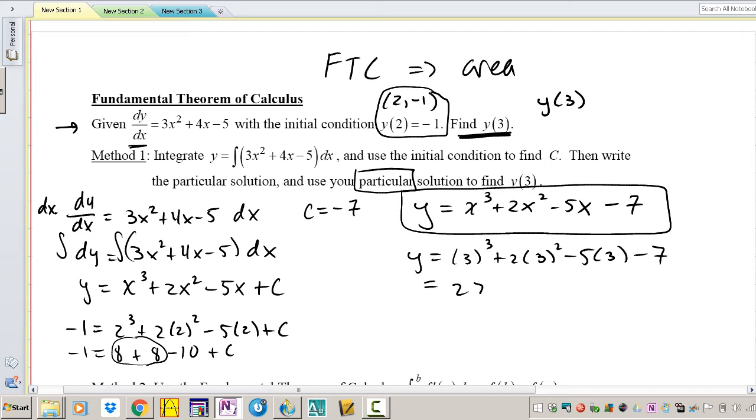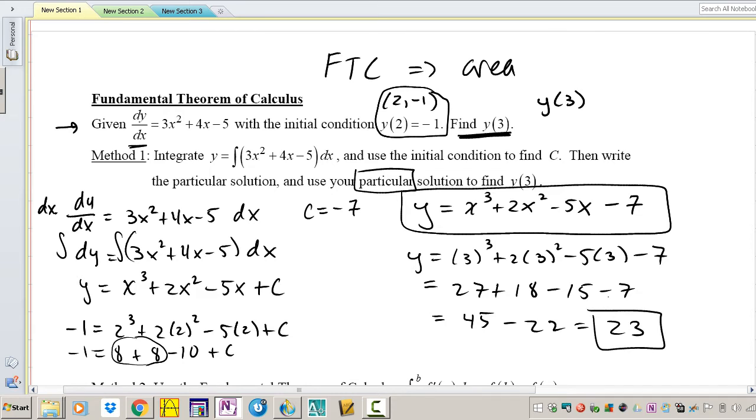That gives us 27 plus 2 times 9, which is 18, minus 15 minus 7. This is 45, this is 22. So my answer is 23. That is method number 1.